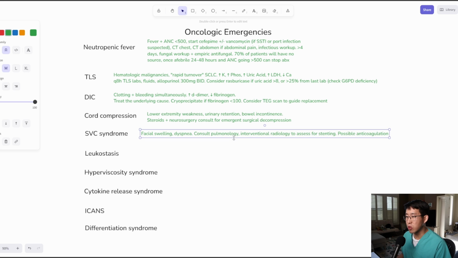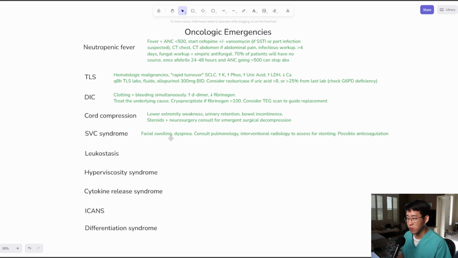Now let's talk about leukostasis and hyperviscosity syndrome. Now these are both very, very similar, and the way they present is also very similar, but the etiologies are different. So leukostasis is going to be in your patients with leukemia, particularly in the myeloid leukemias, because the myeloid cells are thought to be big and sticky.